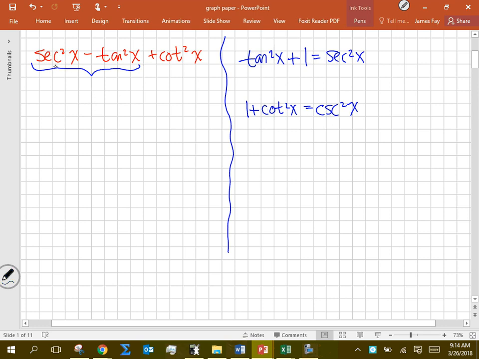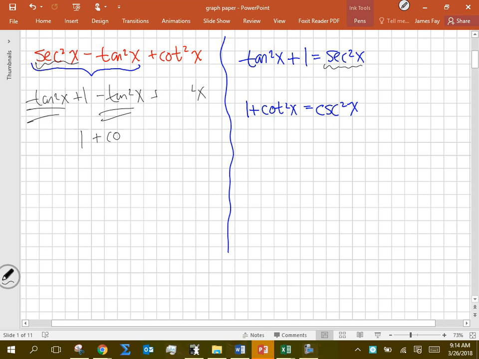You can either do exactly what she said and say, okay, that right there, that's secant squared x, and that secant squared x can be or are the same thing, right? So replace this one over here on the left with tangent squared x plus 1, and then you got this minus tangent squared x still, plus then cotangent squared x, okay? And Abby said that and that are opposites, leaving you just the 1, right? All right, it's a great way of doing it.